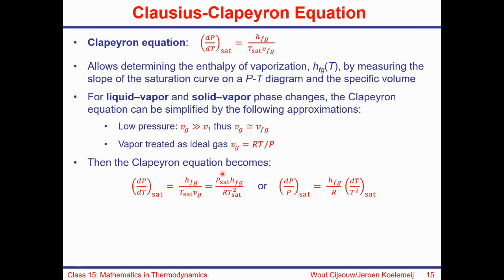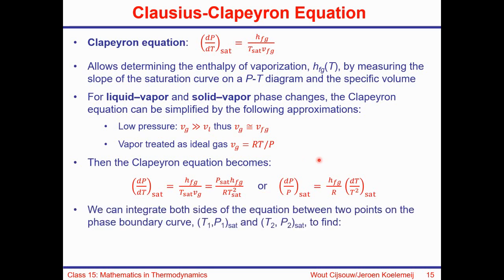And we have a dT here, and the temperature. And now let's move the P to this side of the equation and the dT to that side of the equation. Then we end up with this equation here, which is something we can perfectly integrate.